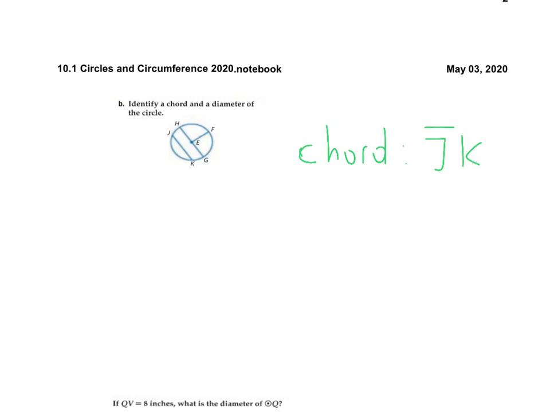Also, diameter is a chord, but not the other way. So you could also say HG. Now diameter, I only see one diameter, and diameter would be HG.